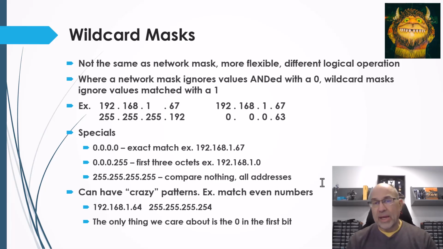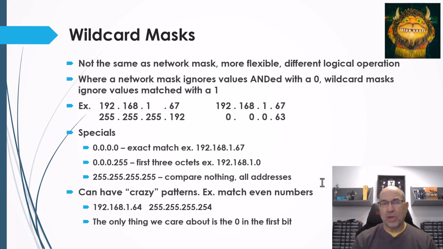Now, like net masks, there are some special values. Where a 255.255.255.255 net mask is a match to an exact IP address, the same mask in wildcards would be 0.0.0.0. So you would match a particular IP address.